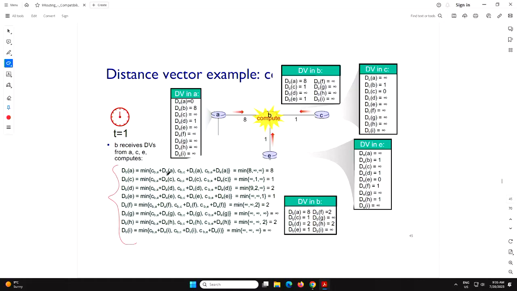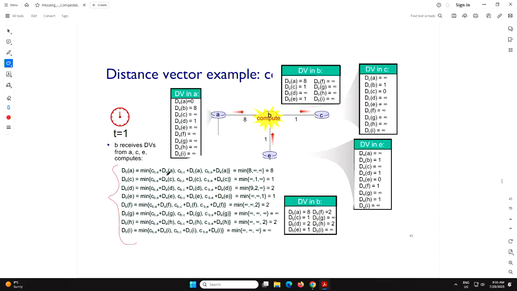So in this case, what we are doing in this slide is we are just combining. You just delay the computation a little bit. So you aggregate the information from 3 neighbors, and then you compute at the same time.